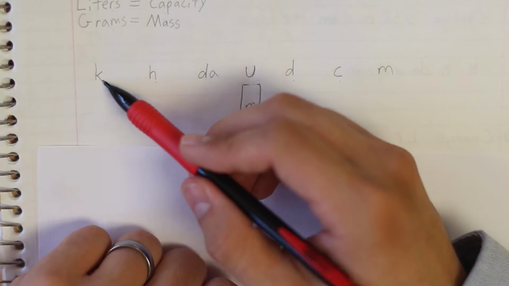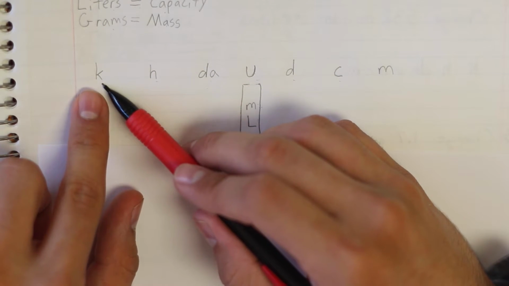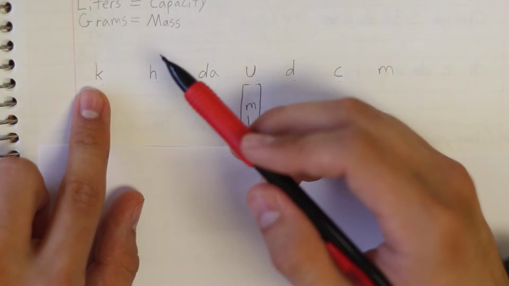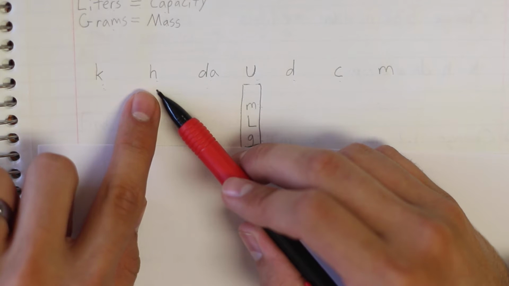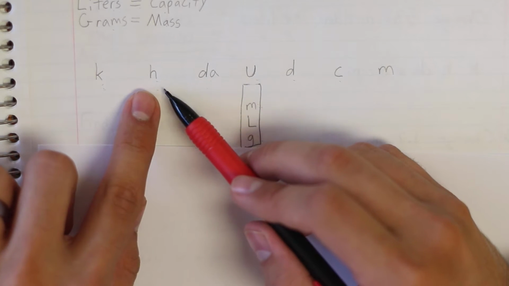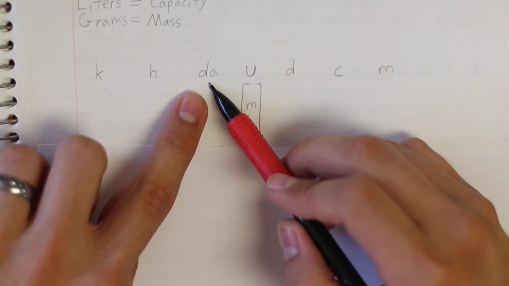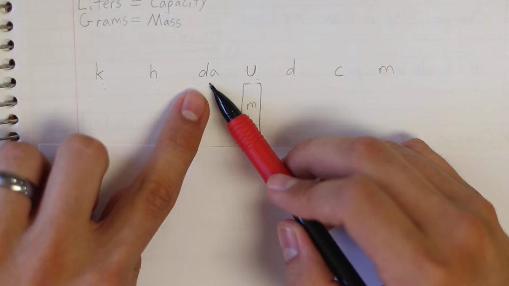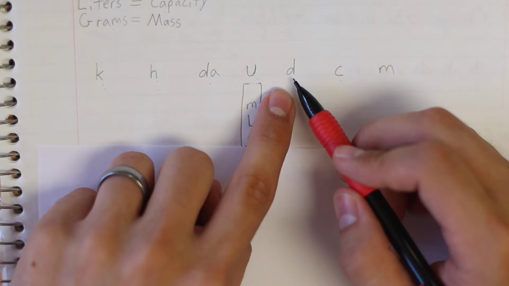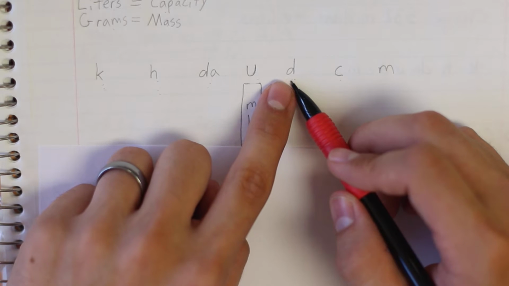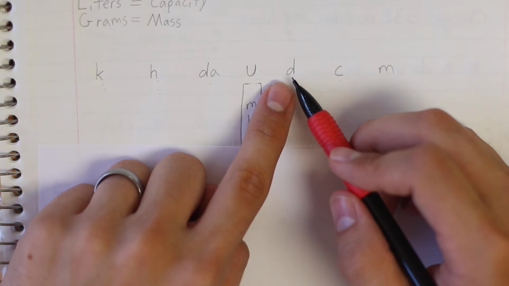And if you're wondering what these letters all stand for, here you have kilo, like we talk about kilometers or kilograms. Here you have hecto, which you talk about hectometers, which really isn't used all that much. Here we have decameters. Once again, something that's not used all that much, but it can be used. And here we have the term deci, another one that's not used too much, but it is important to know.